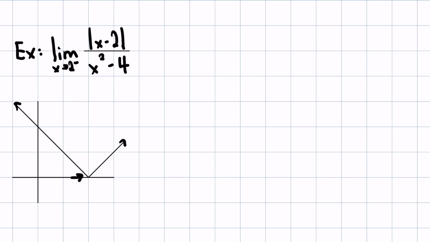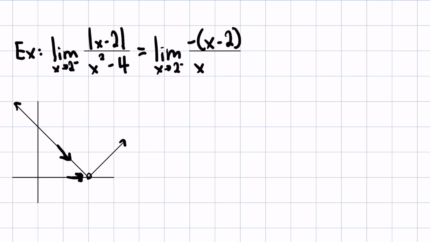So with this problem, what we're going to do is see that from this direction, approaching 2, we are coming down this line, right? So that is actually going to be negative x minus 2, right? Because that's the line we're talking about here. So what we're going to have here is just negative x minus 2 over x squared minus 4.